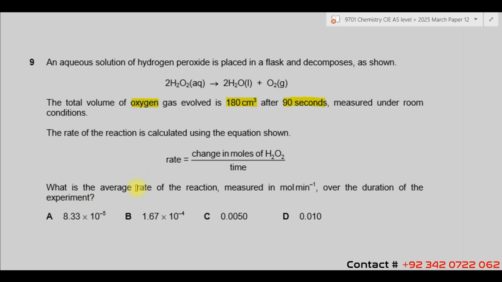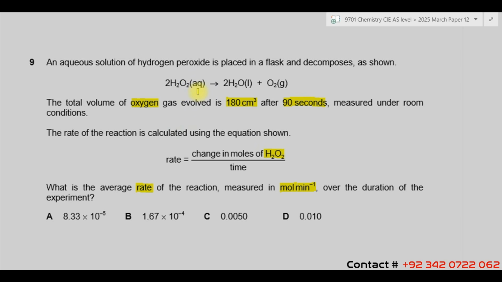What is the average rate of the reaction measured in moles per minute over the duration of the experiment? Okay, so the rate is equal to the change in moles of H2O2. So we have to find out the moles of H2O2 and we have to find out the time in minutes. We can divide those two and we have the answer.